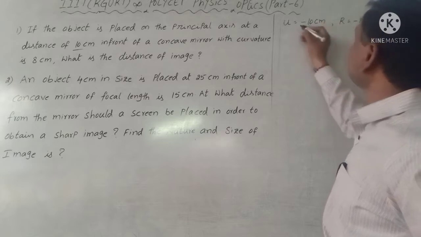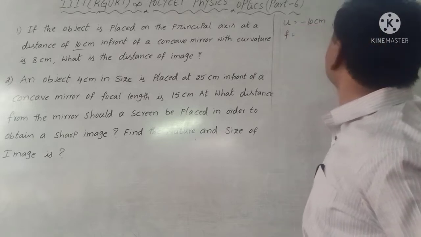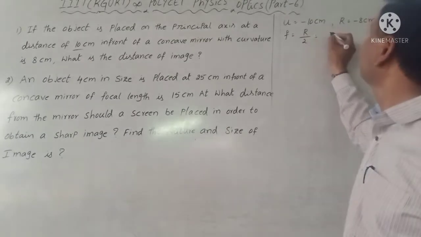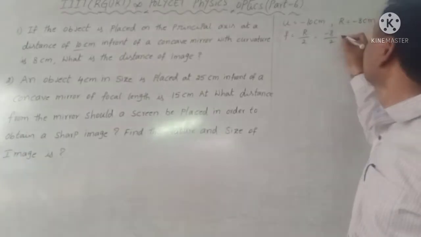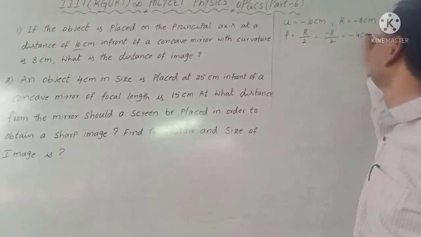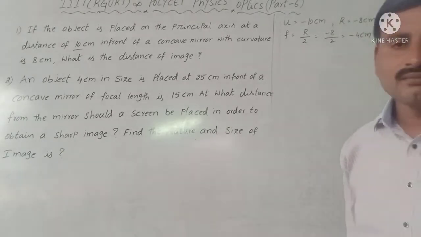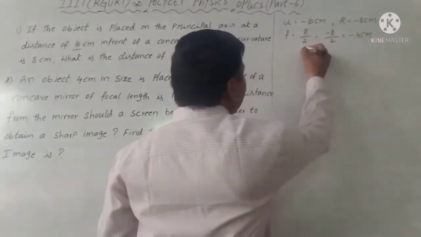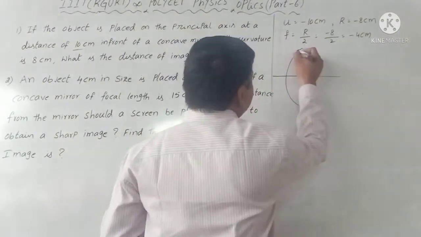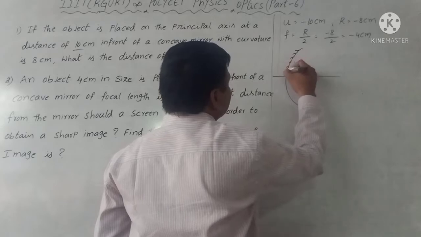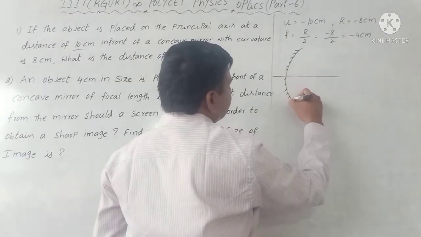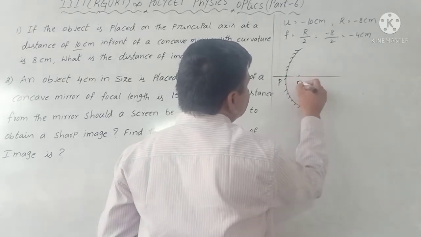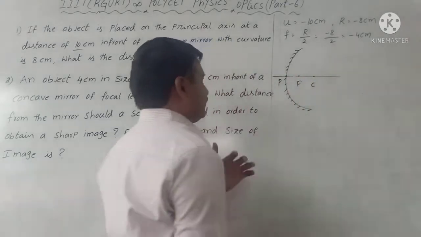Then focal length f: r equals 2f, so f equals r by 2, which is minus 8 by 2, that means minus 4 centimeters. So according to the ray diagram, it is the concave mirror, it is the pole, and it is the focus, and it is the center of curvature.